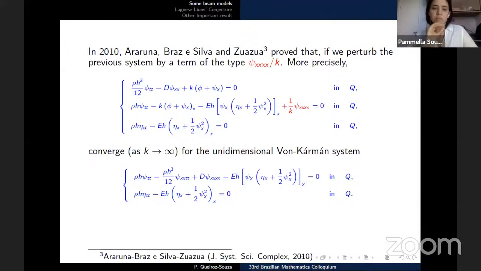This work solves partially the conjecture stated by Lagnese-Lions.